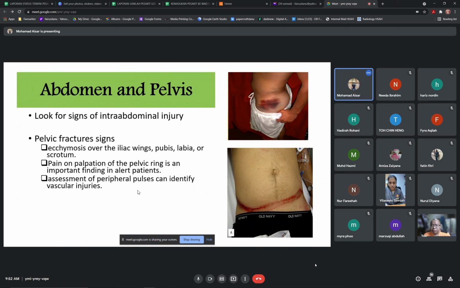Gambar bawah tu, kan gambar yang Splendid Old Navy tu, this is injury sebab apa? Kalau nampak lah benda ni, you suspect apa? Stabbing.